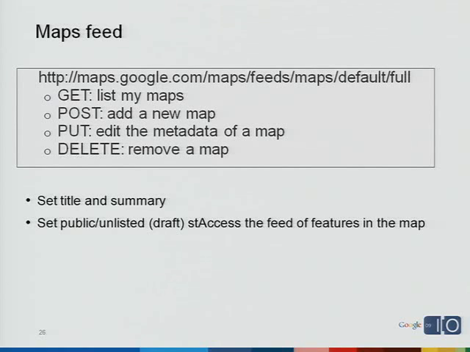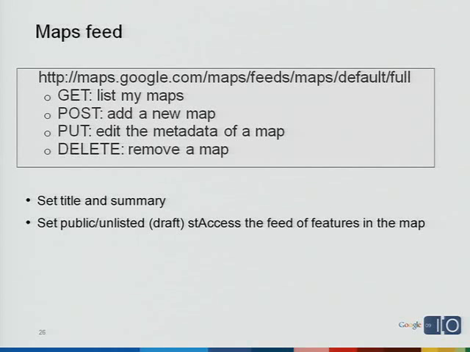If I do a post to that URL, then that is used to create a map, to add a new map to the feed. If I do a put to the URL for a particular entry, you get an entry URL back whenever you do a post, then you can use that to edit the metadata of the map. And finally, if you want to delete a map, just do an HTTP delete.